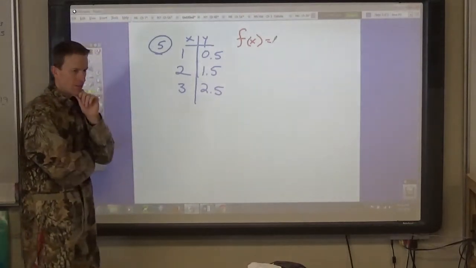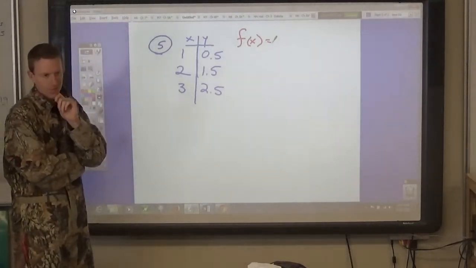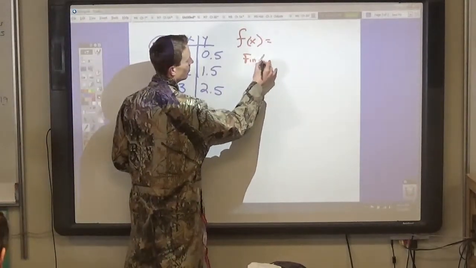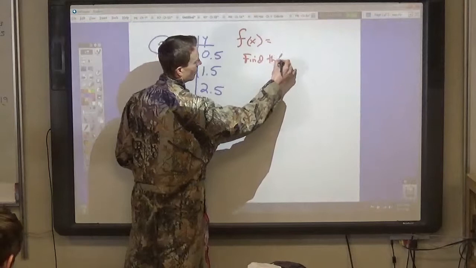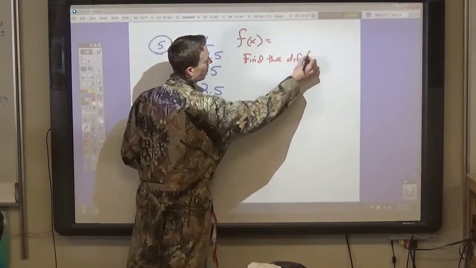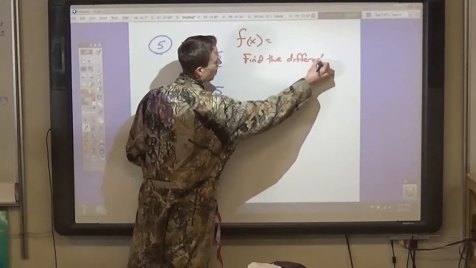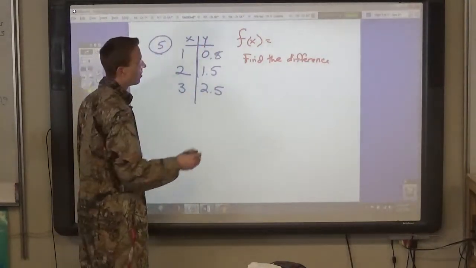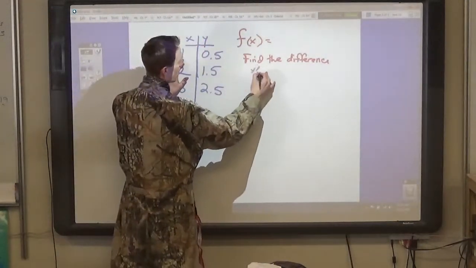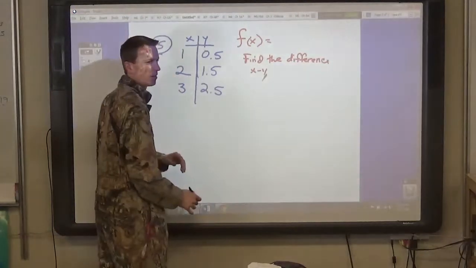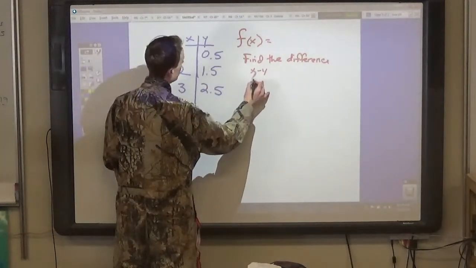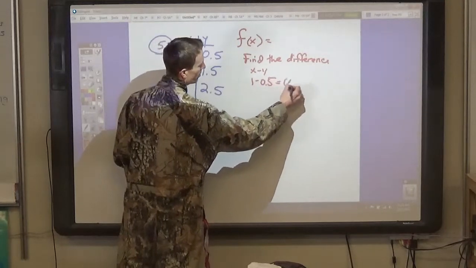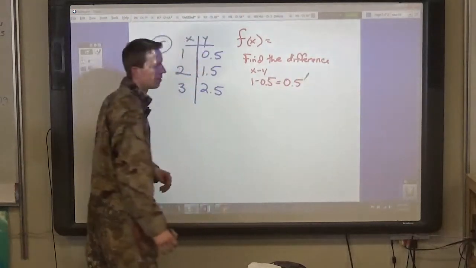Okay. How do you know? When you look at x is 1, y is half. So we're going to find the difference between these two first, right? If we did x minus y, you get 1 minus 1/2, and that equals 1/2.